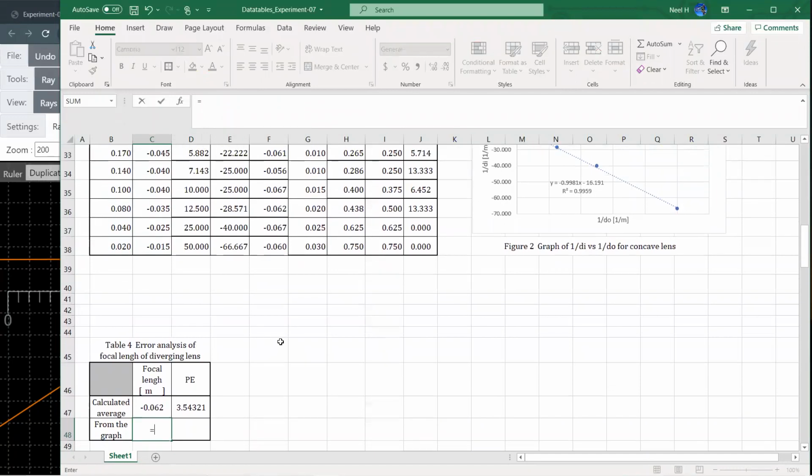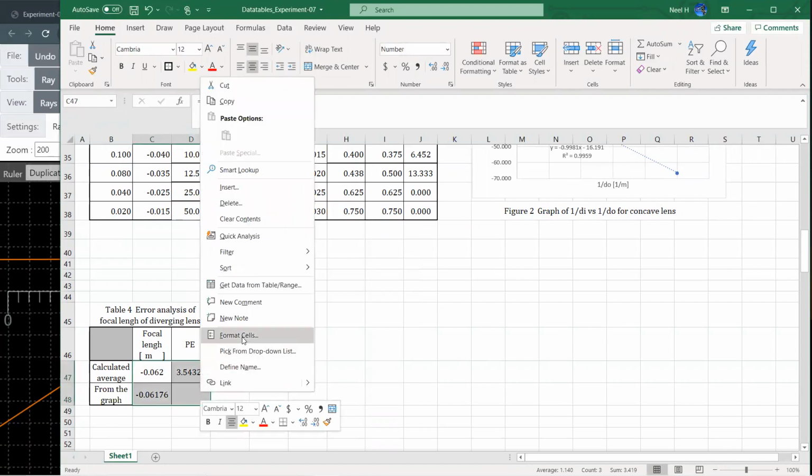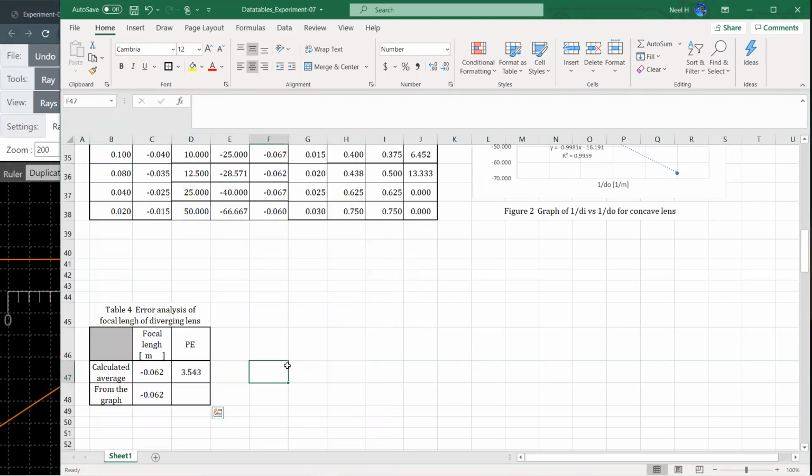From the graph, equal 1 over parentheses minus 16.191. So now you can see, let's do about 3 decimal places for all of these calculations. So it's very close compared to the average we got, and the number we're getting from the graph is almost the same.